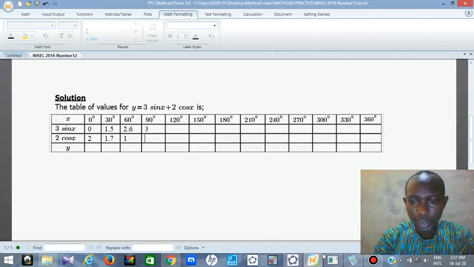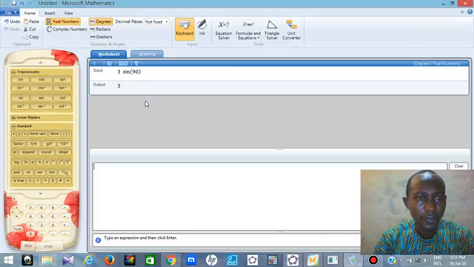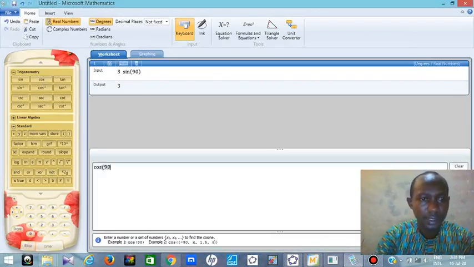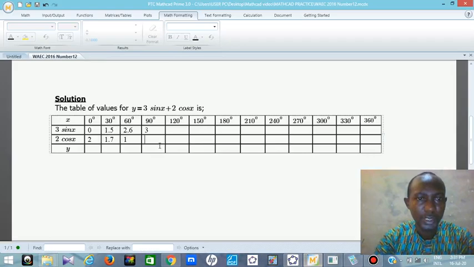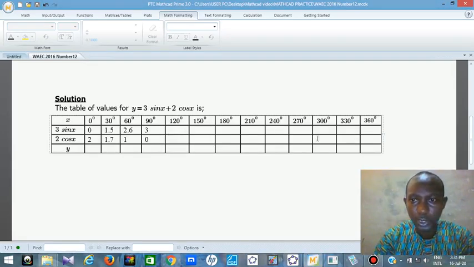Cos 90 should be 0. Cos 90 is 0. So this place is going to be 0. So you do like that for all. You just continue like that till you are through with all this play. Then you now do the final addition to get your values for y.